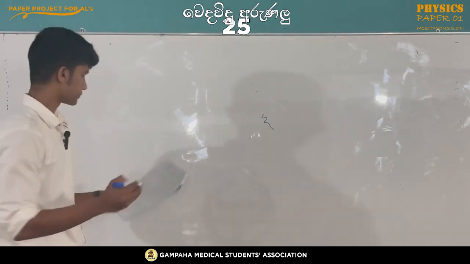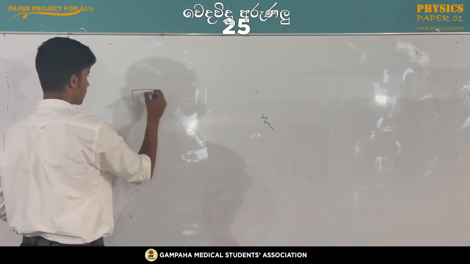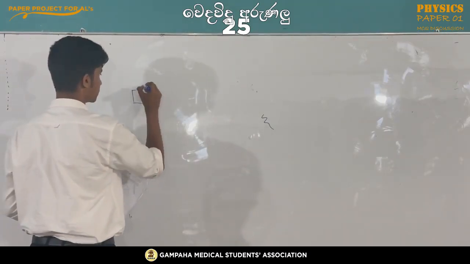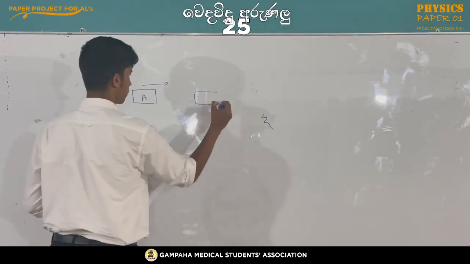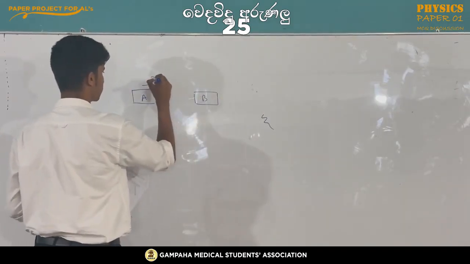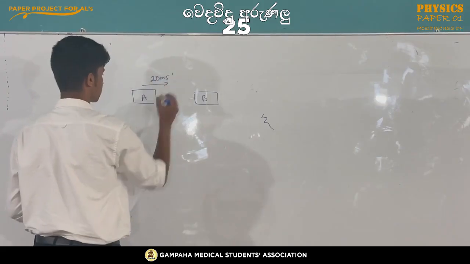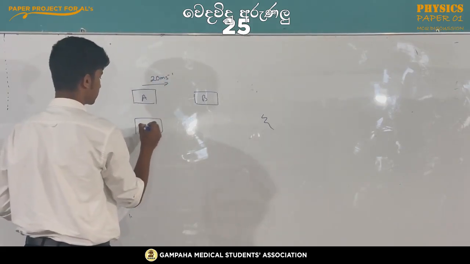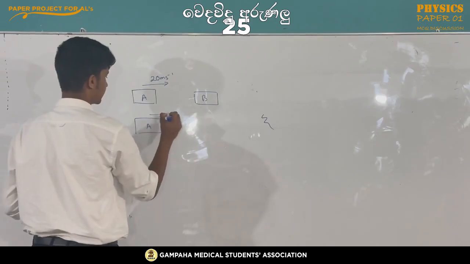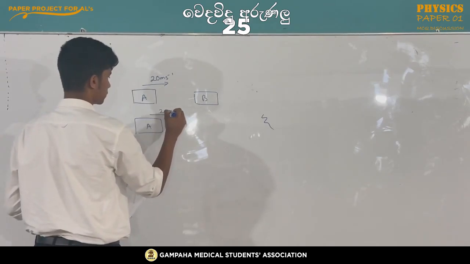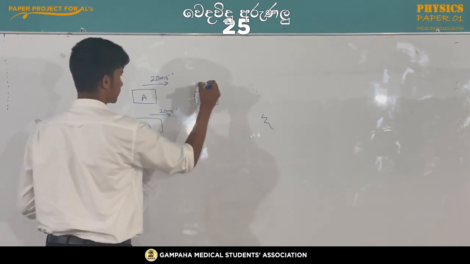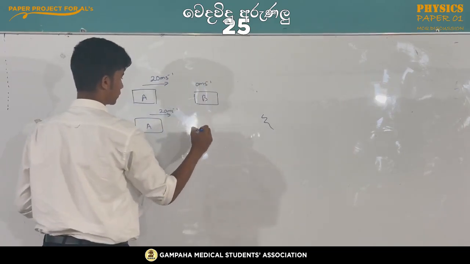So in the first instance, train A is moving towards train B with a velocity of 20 meters per second, and train B is moving at 0 meters per second.